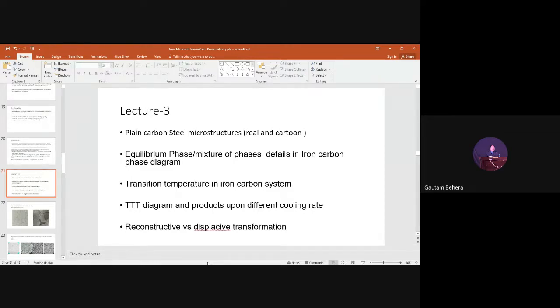For example, suppose I'm talking about grains, because under a microscope you can see grains, right? If you can see a lot of grains, that means a lot of grain boundaries are there, and a lot of grain boundaries means a lot of obstacles before the dislocations. So dislocations cannot move easily in that material because of the hindrance provided by the grain boundaries.